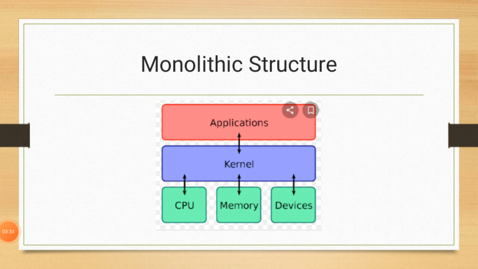For any system call, first it has to invoke the system call, and then it has to switch from user mode to kernel mode, and then it transfers the control to the operating system. So this is the monolithic structure.